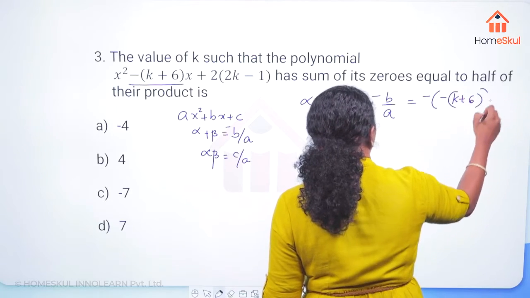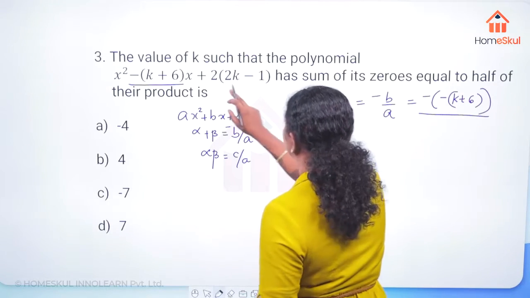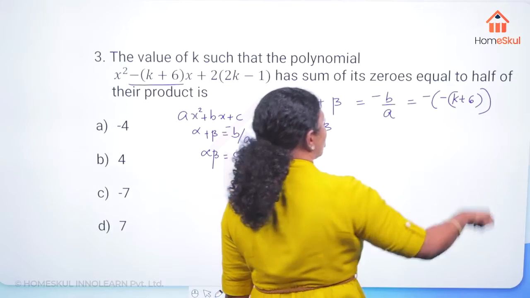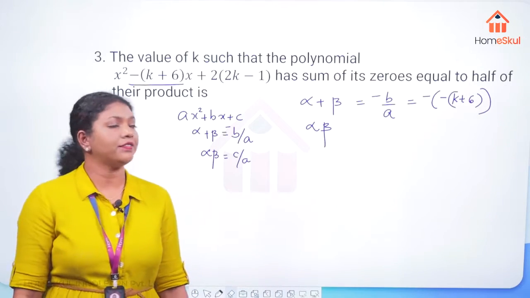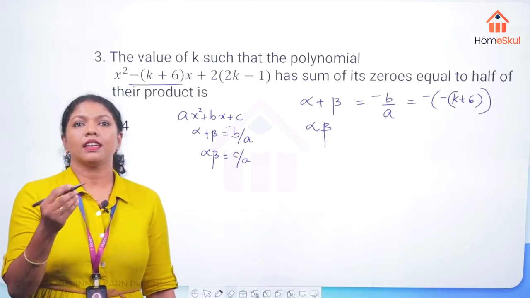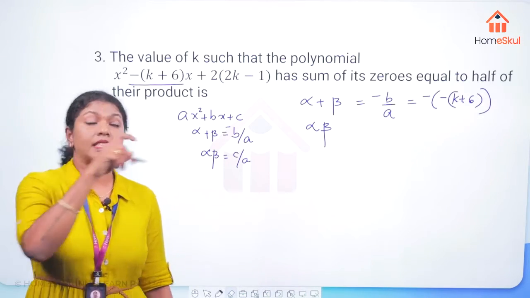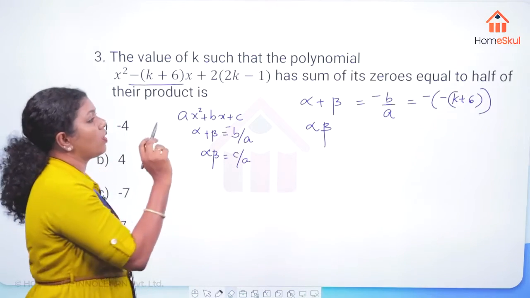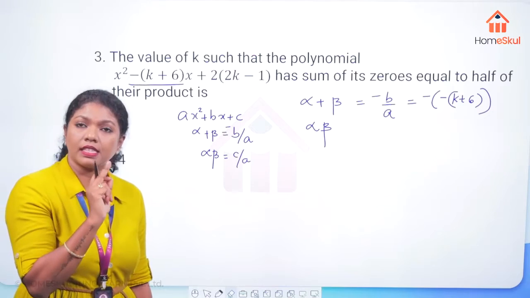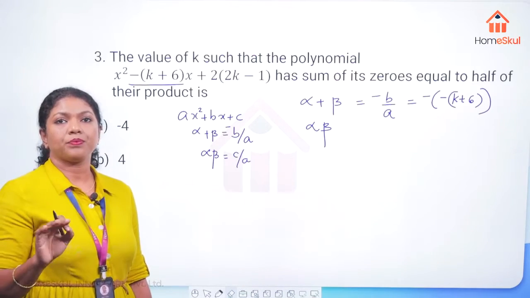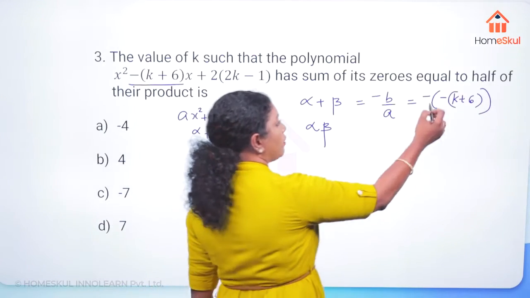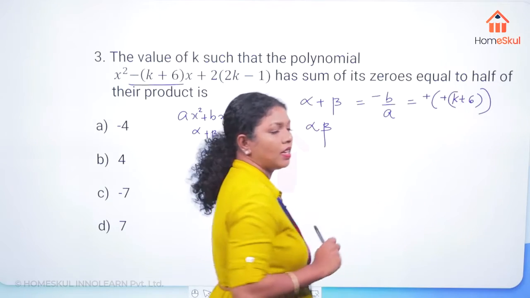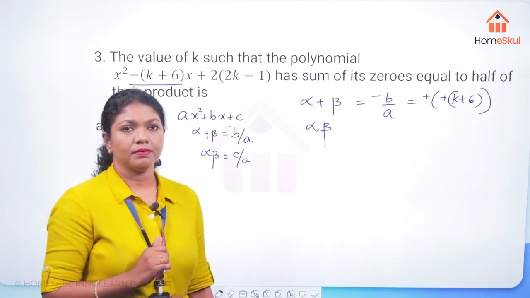And please don't forget to put the brackets whenever it is required. a is 1. So, you will get minus of minus of (k plus 6), but k plus 6 is inside the bracket, look. If you are not writing the bracket, it will be minus k minus 6. But it is obvious that minus of minus is plus. Am I right? Yes, ma'am.